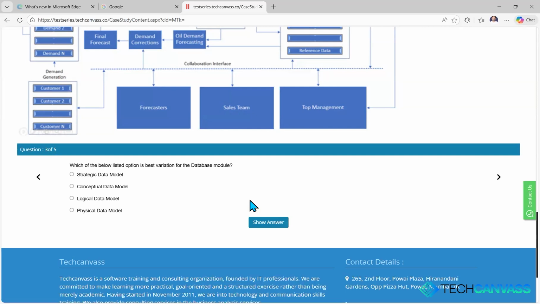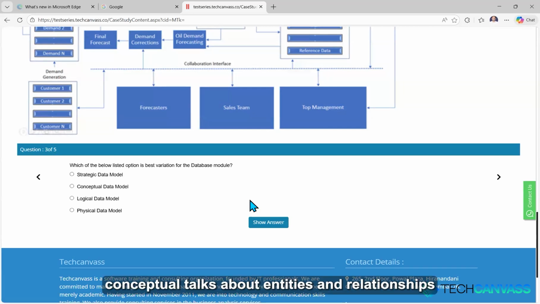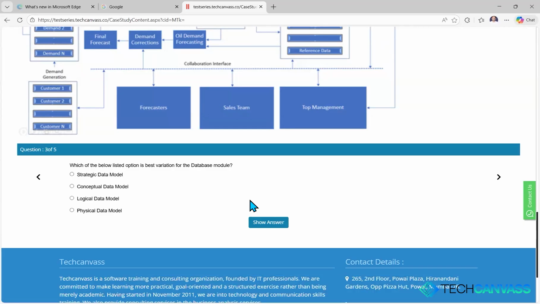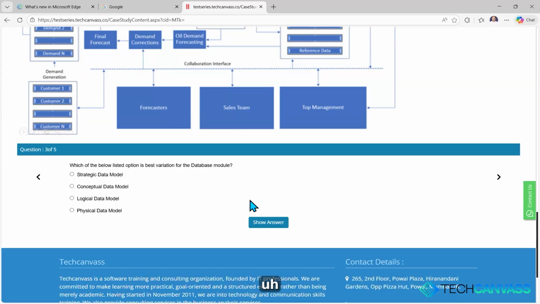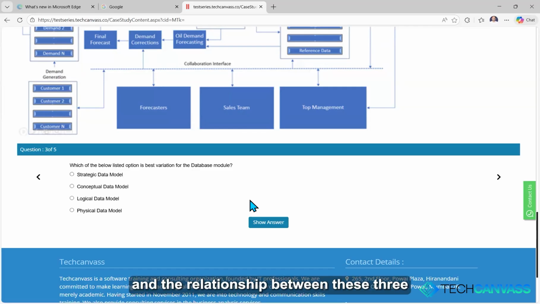It's a bit conceptual. Conceptual talks about entities and relationships. For example, if you're working with Amazon, customer is an entity, order is an entity, supplier is an entity, and the relationship between these three.